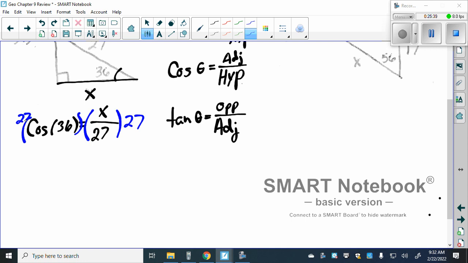They cancel out, telling us that 27 cosine of 36 is equal to the variable by itself. Yes, so we can plug it into the calculator. So we can type in 27 cosine of 36.